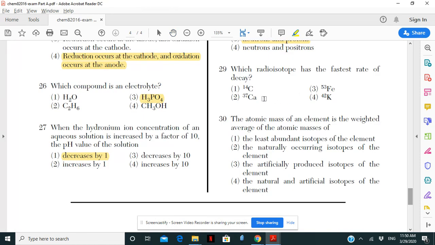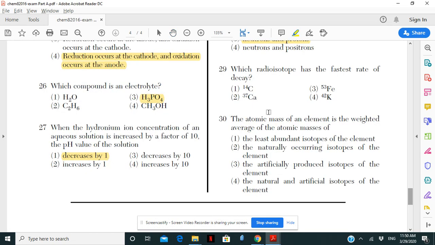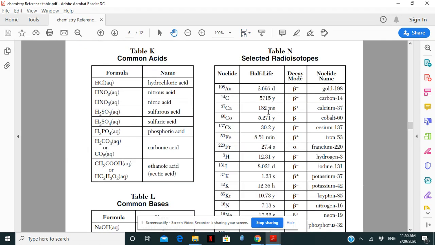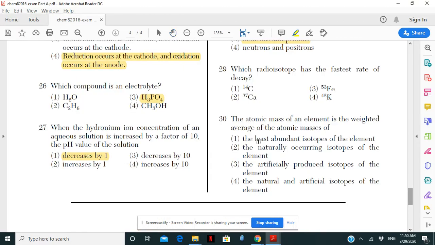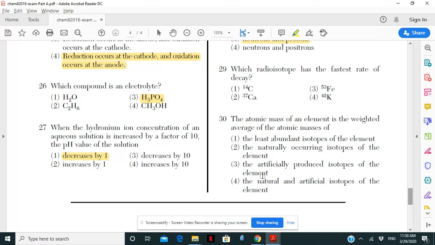Calcium 37 has 182 milliseconds, so that's decaying faster than the other one. Iron is 8 minutes, so still calcium is the fastest. Potassium 42 is 12 hours. So calcium has the least time, so it's the fastest rate.